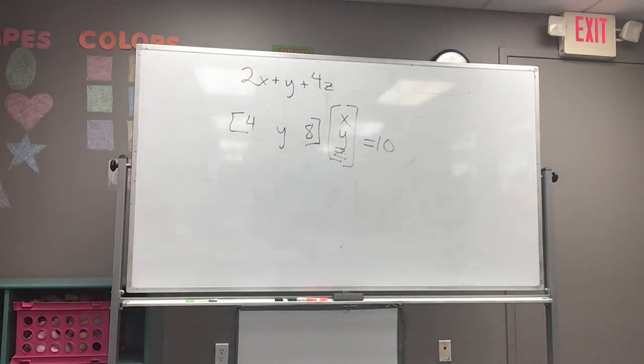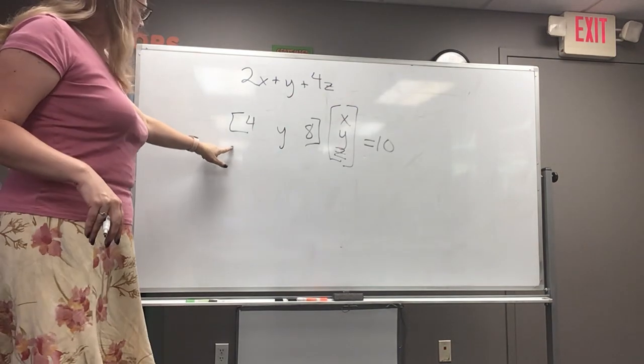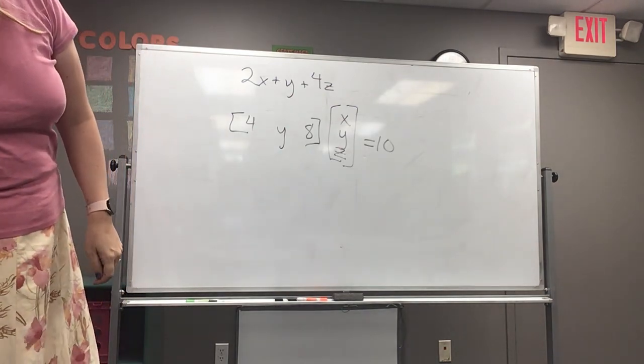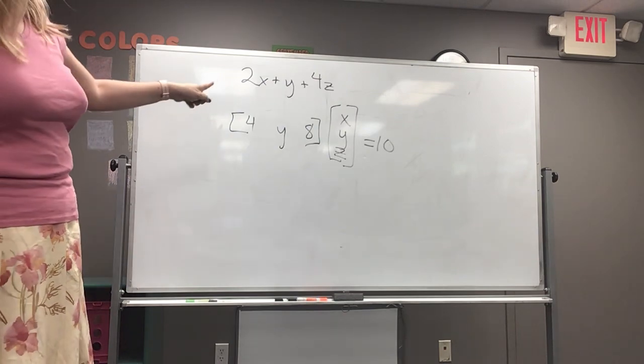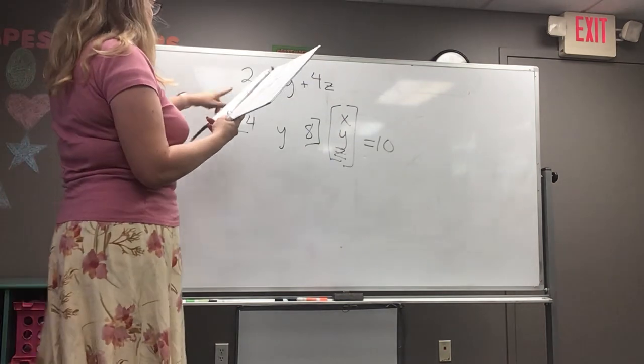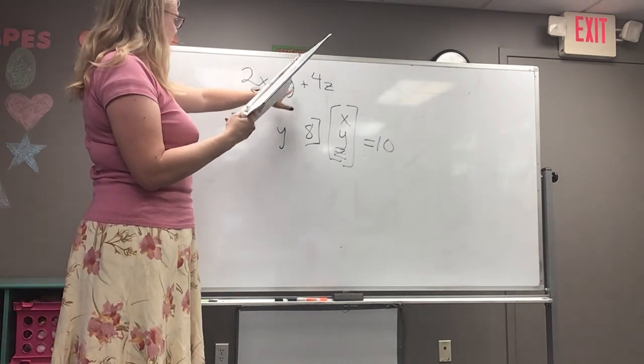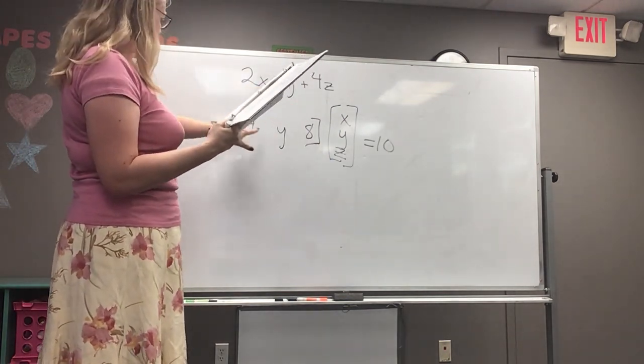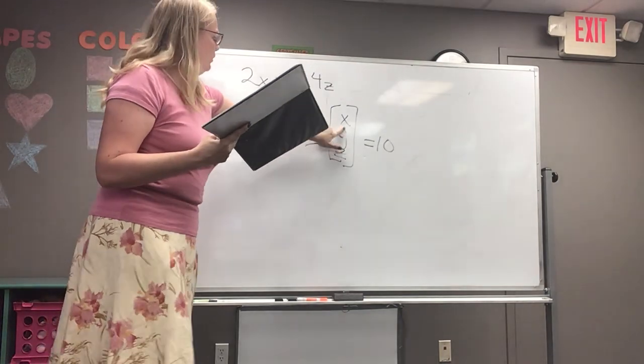Yes? Why is it 2, I think? On the right hand column, at least in the book it is. I've got 2x, y, 4z, in the 4, mid-y, on the right. 8. Thank you. Sorry.